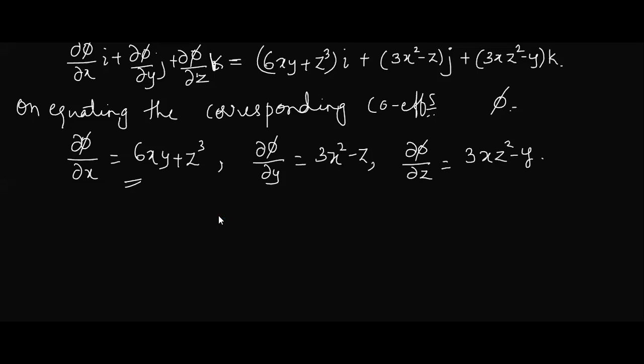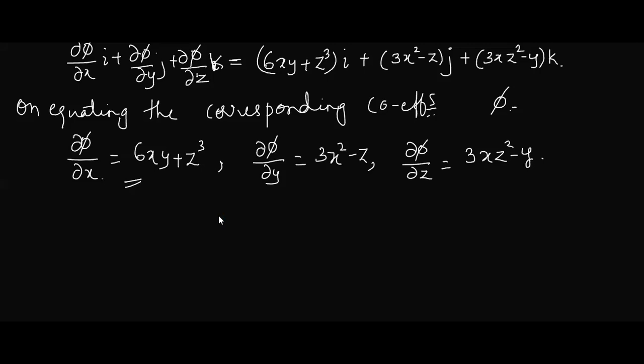Can anybody tell me what that is? We add a constant of integration C on the RHS. Now, while doing this partial integration, you add a function of the variables you are treating as constants.